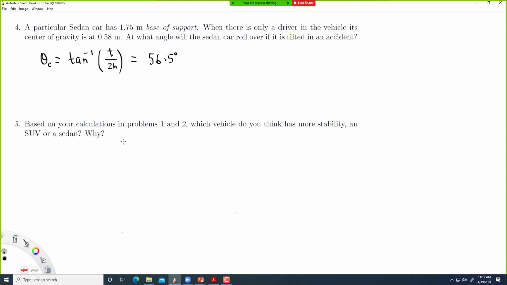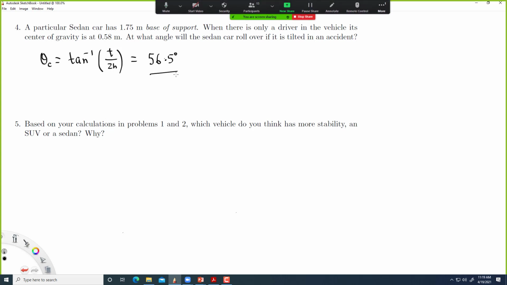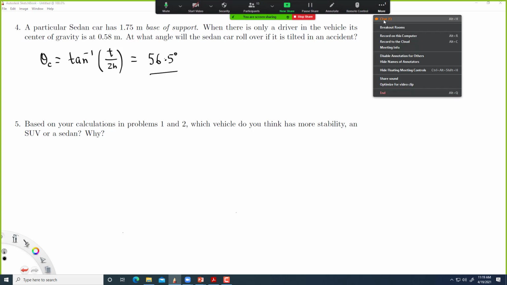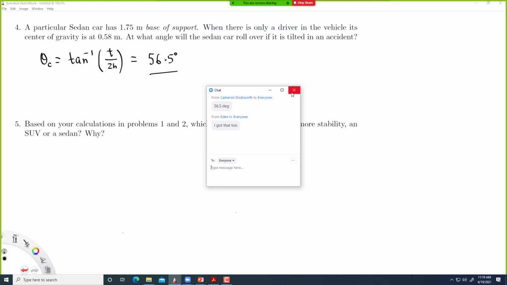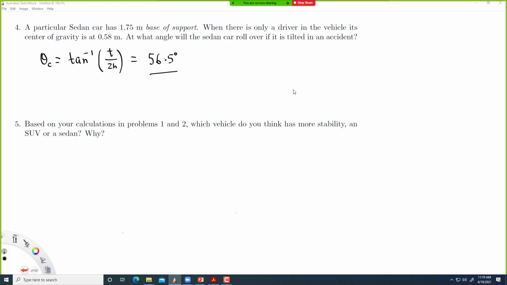Okay, that's good. So based on this calculation and the previous problem, which vehicle do you think is more stable? This sedan car or SUV? So for sedan, theta c is 56.5.